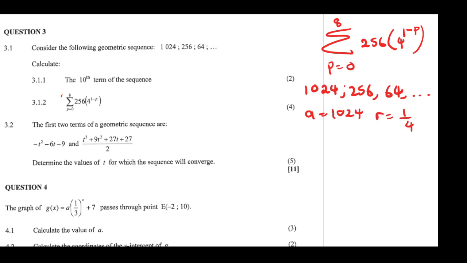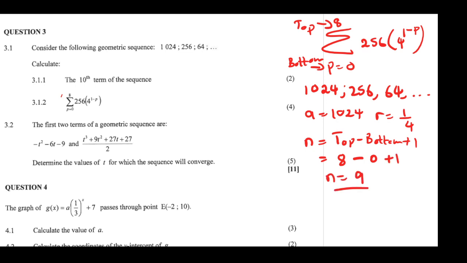Now we need to identify n, because we want to find the sum. n is found by top minus bottom plus 1. Top is 8, bottom is 0 because the sequence starts at 0, so 8 minus 0 plus 1. Meaning our n value is equal to 9.